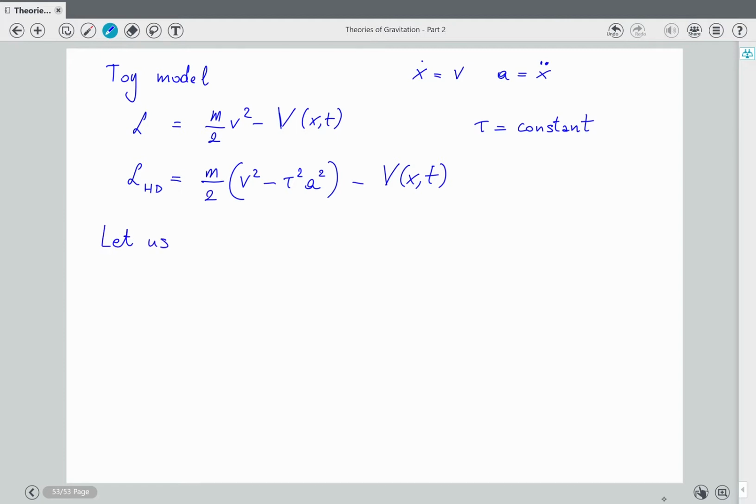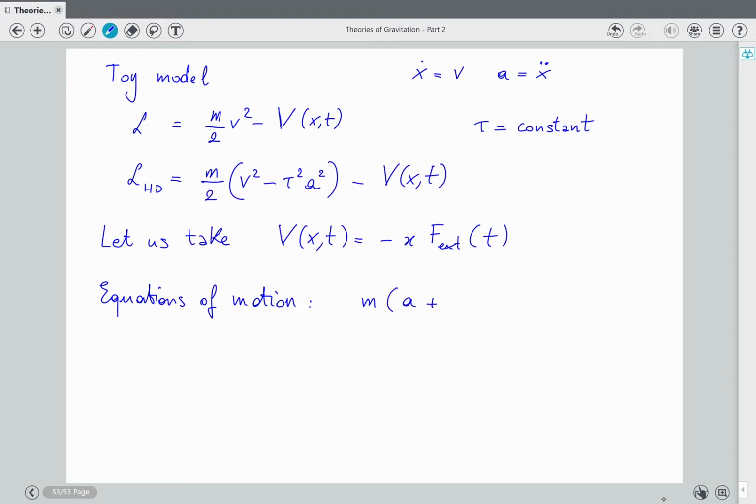Let us take a simple case. Potential equal to what gives an external force. And then the equations of motion give what? M A plus tau squared A dot dot equal to the external force.